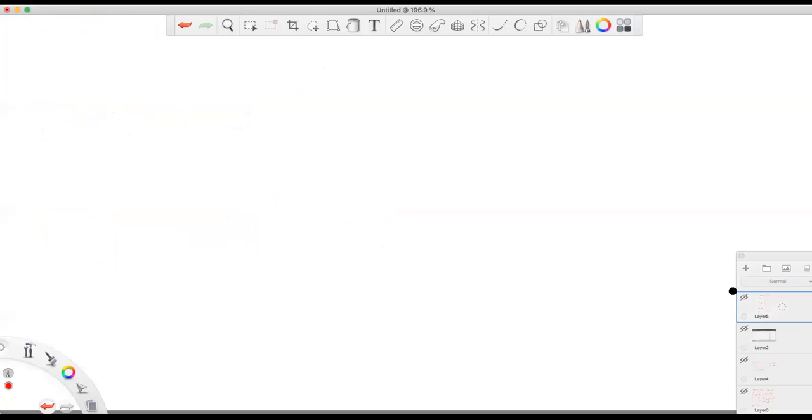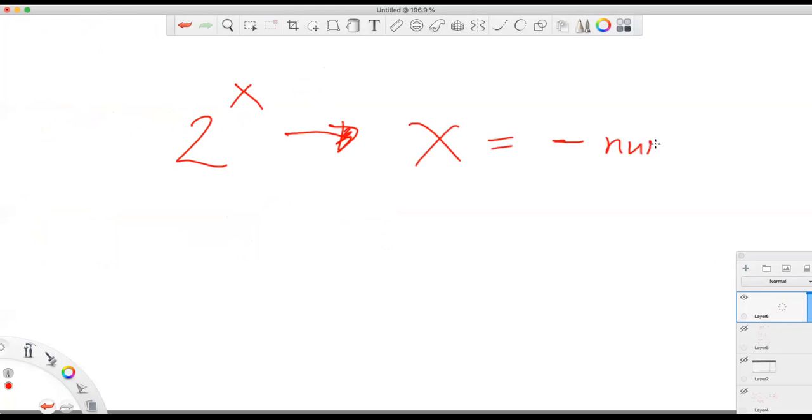So here, when we have 2 raised to x, and when we take x equal to a negative number, let's say 2 raised to negative 3. What will happen?